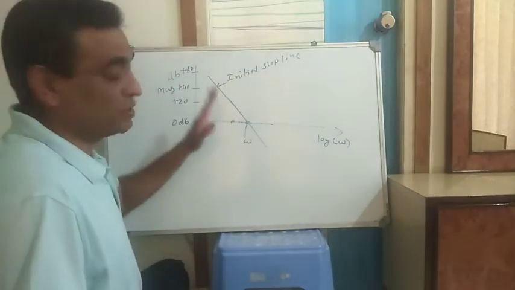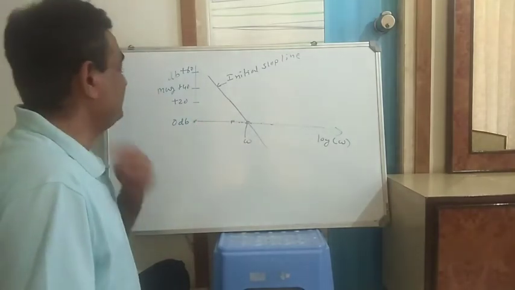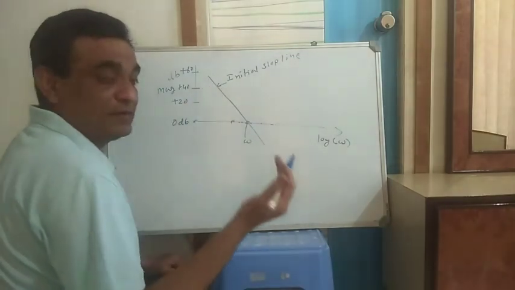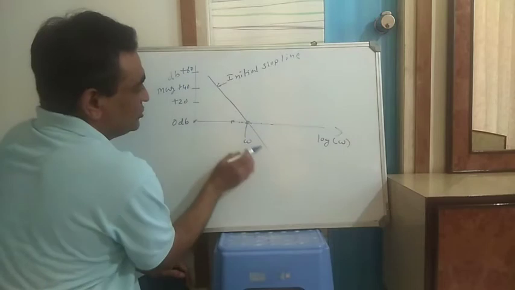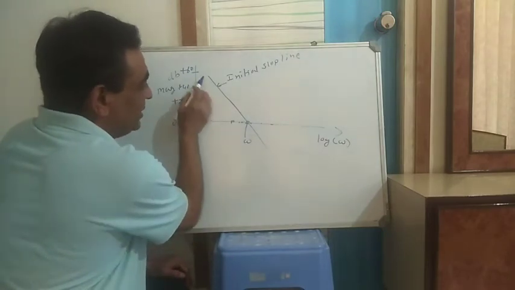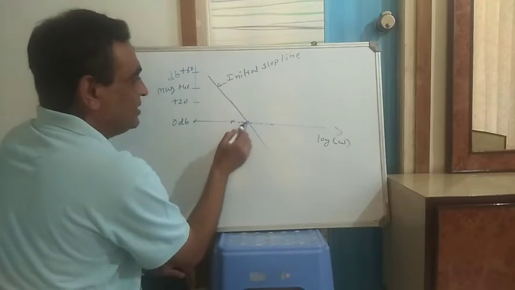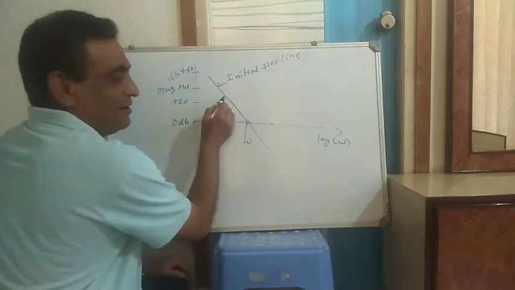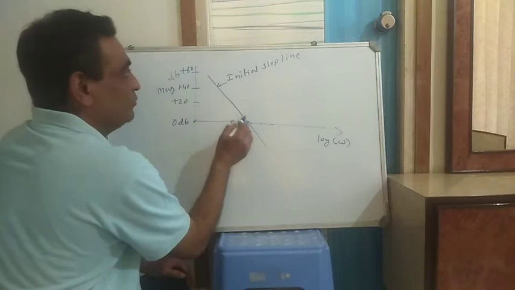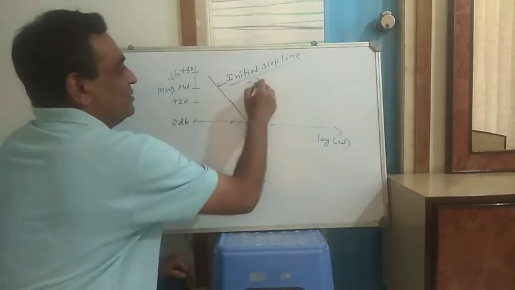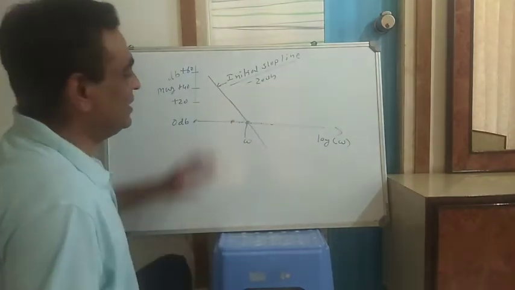Right now we are focusing on the magnitude plot only. The phase plot we will discuss later on. If I know that the initial slope line crosses the 0 dB axis at omega, then I can draw a line passing through this point whose slope is, let's say, minus 20 dB per decade.